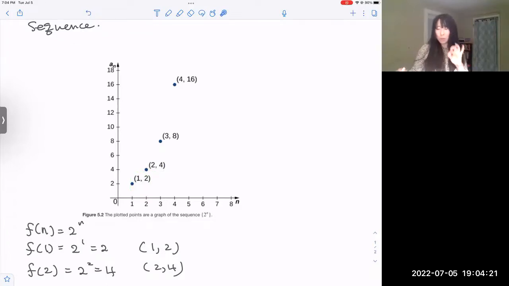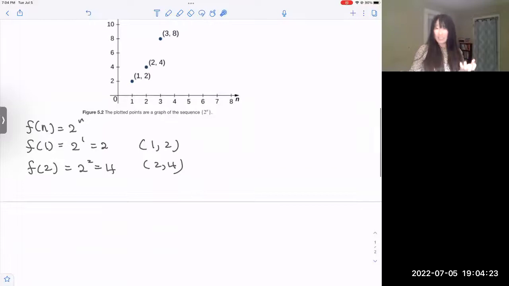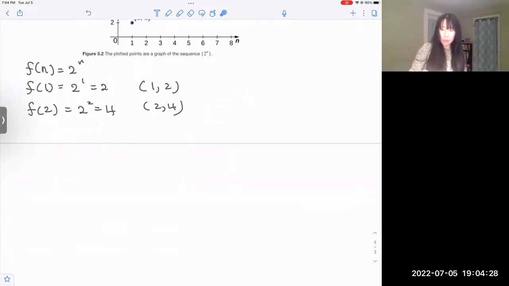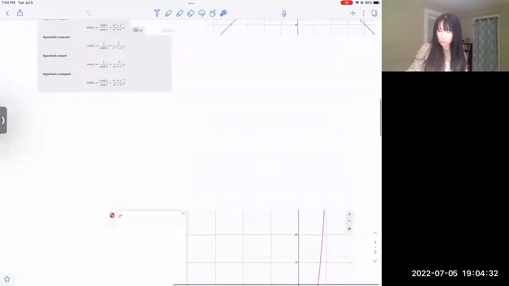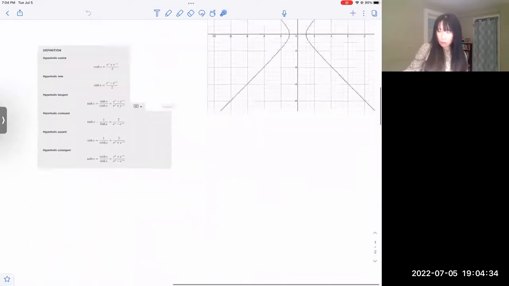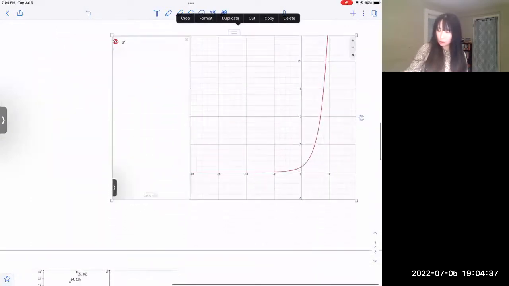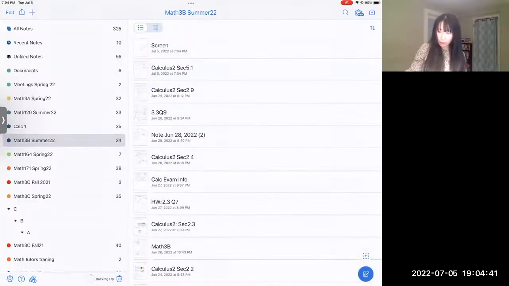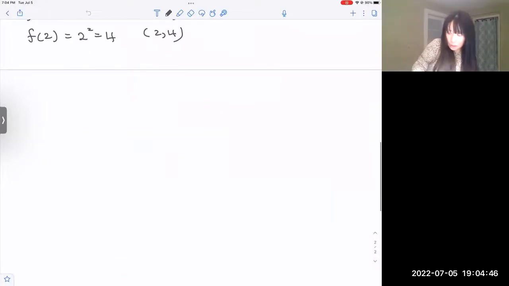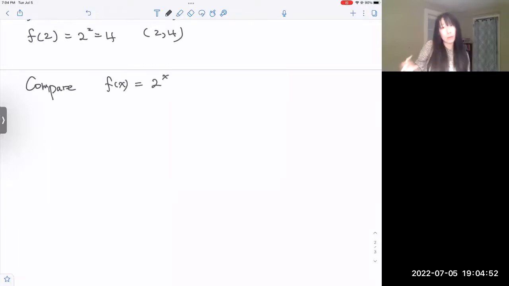So let me show you, compare with what we did as a function, 2 to the x power, right? So here. Oh, not this one, this one. I did not use the cut. So compare with this one. We have f of x equal to 2 to the x power, right?